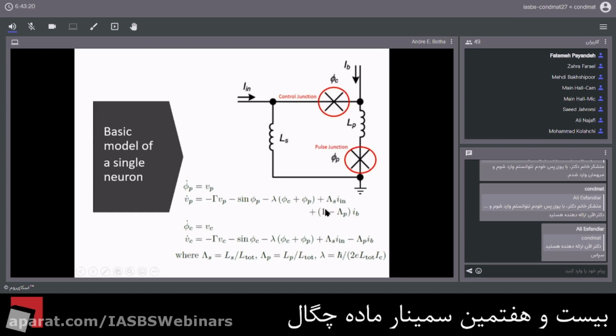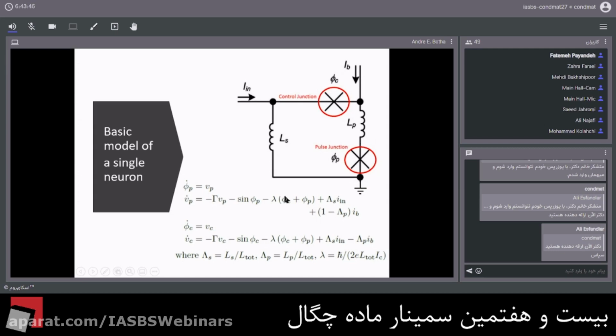So this is taken into account by these factors here. But then there is an additional term which couples the two junctions together as a result of the inductive coupling, and that's given by this lambda factor. So the inductances couple the two junctions together by this quantity which we call the flux.